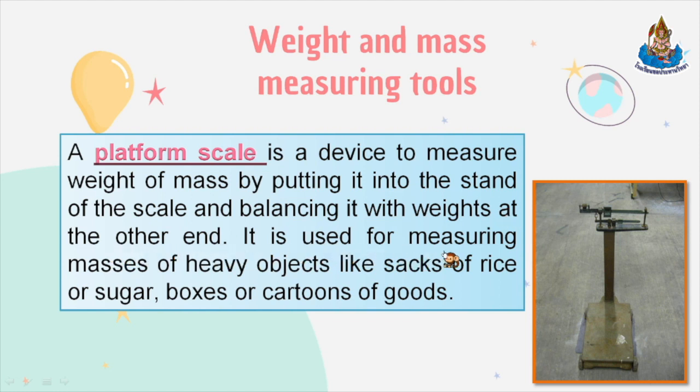It is used for measuring masses of heavy objects like sacks of rice or sugar, boxes or cartons of goods. Okay, so that means these are used to measure masses of very heavy objects. I hope you've seen one like this. It's quite big. So I will show you another video of this again.